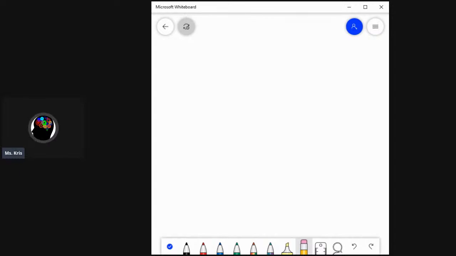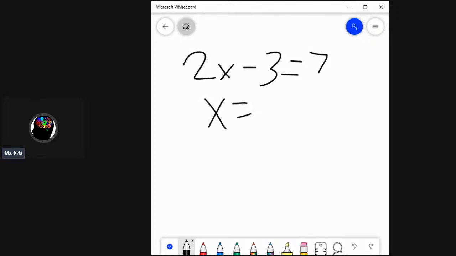Say you are given 2x minus 3 equals 7. The proof is that you must find x equals 5.